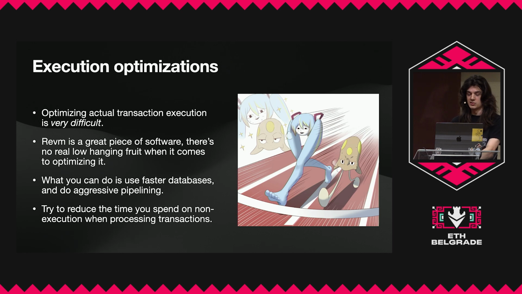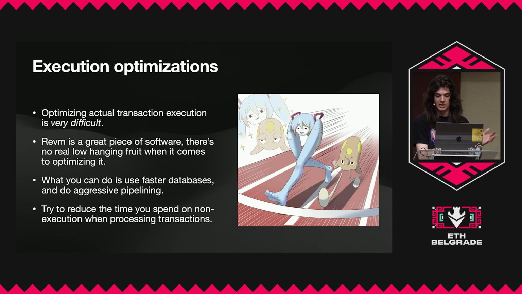Do you need to recover the signer, for example? Amazing, you can do that in parallel to other jobs that you do. So while you're executing the sequence of transactions, you can do cryptography on the transactions you already have that are sent by users. It saves you a lot of time. Pipelining all of these things for us saved us around 5 to 10% in performance.